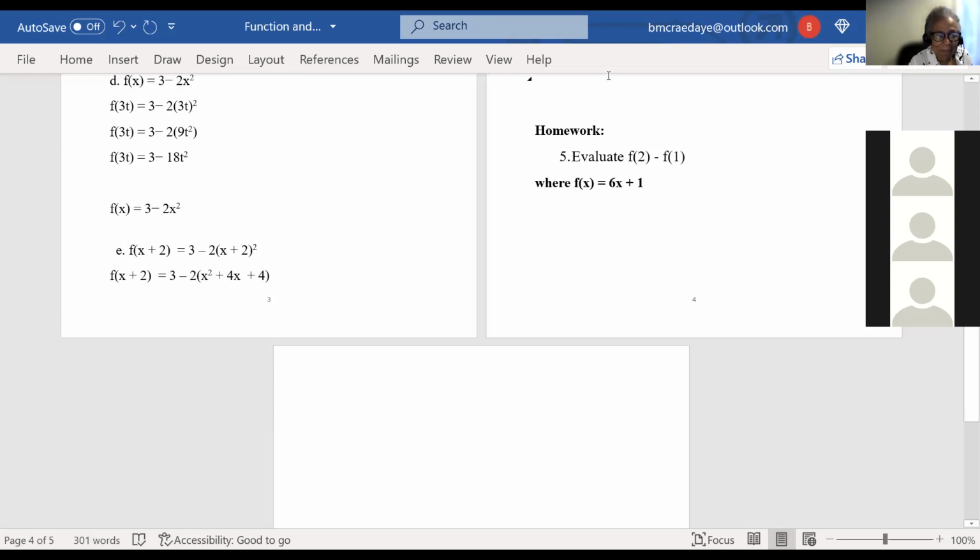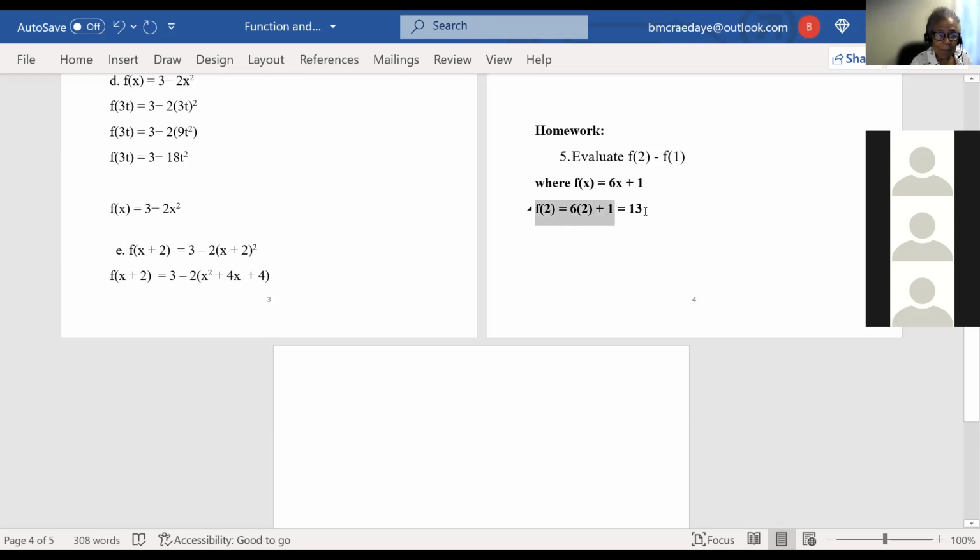That's mental math, right? F of 2. See, this is 6x plus 1. And you have f of 2. Let's put the 2 here. So where we have an x, we put a 2. So that's 6 times 2, plus 1, equals 13. And then we have f of 1.